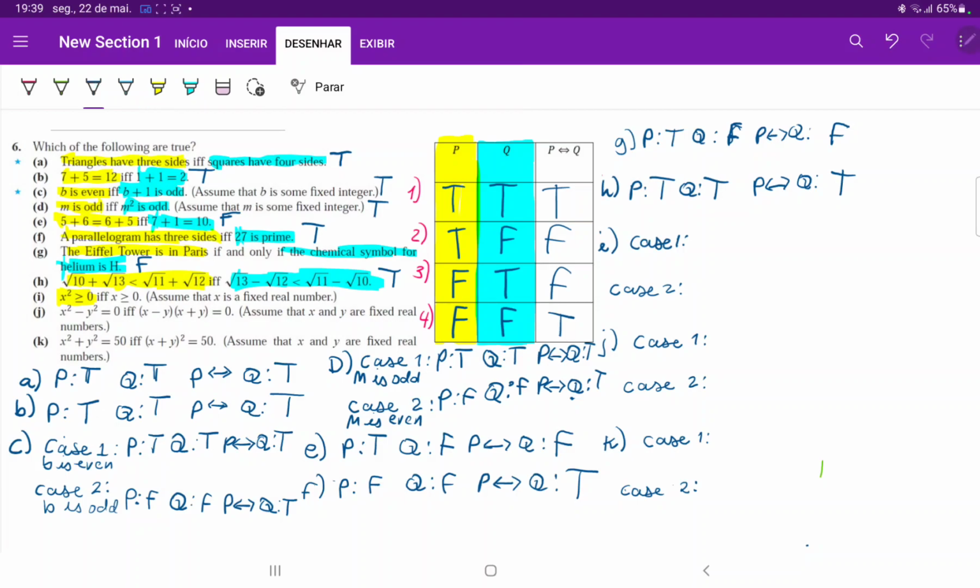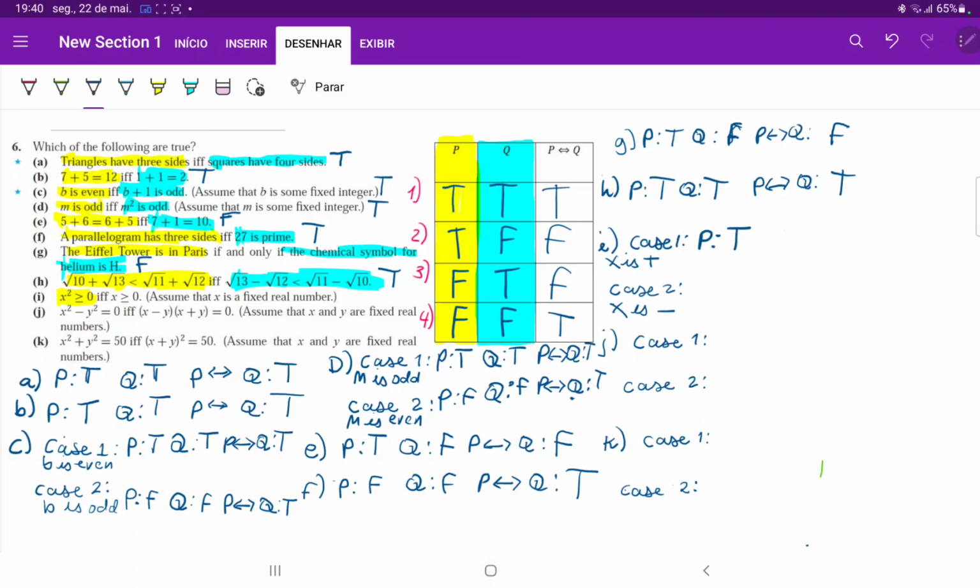So let's consider the case where X is positive and also the case where X is negative. So whenever you have these ambiguous cases where the truth value depends on situations, you do have to break it down by cases.